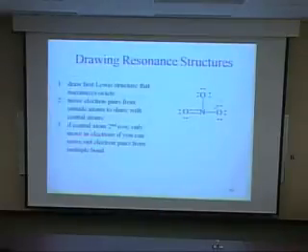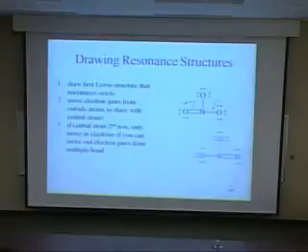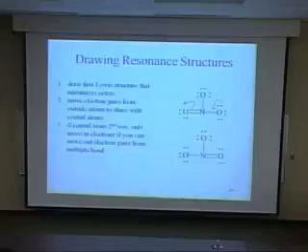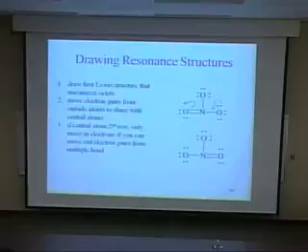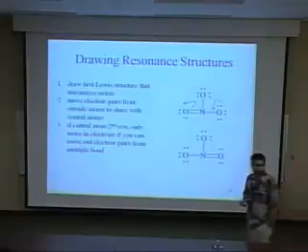So I would get something like this, and then I could do the same thing for the one up here that I haven't done yet, and ultimately I would have three, and then in between them I would draw double-headed arrows, and that shows me there are three resonant forms of this particular compound.